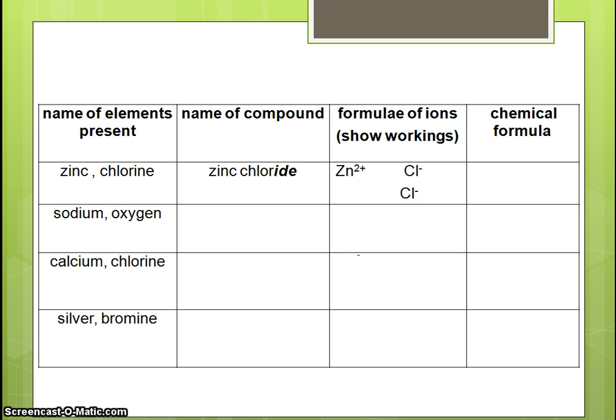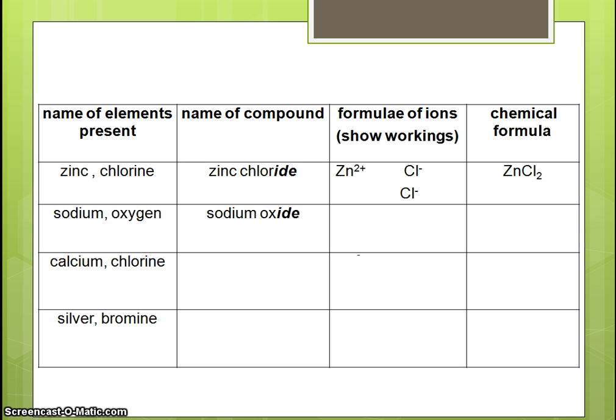Next, we balance the charges of the ions. Thus, we arrived for the chemical formula of zinc chloride to be ZnCl2. Now, similarly for your sodium and your oxygen, the name of the compound that will be formed is your sodium oxide.